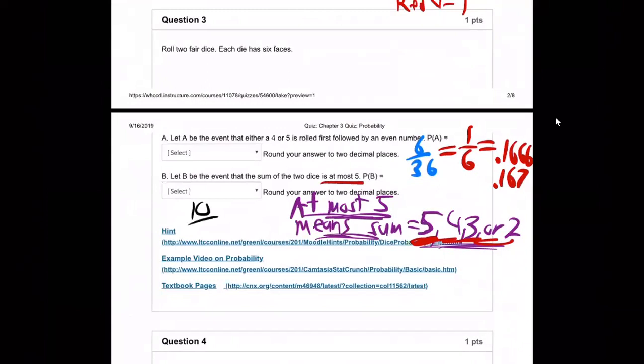If they want to reduce the fraction, that reduces to 5/18. You can divide it on your calculator. I don't know what kind of options they have there. 0.278. Anyway, either one of those, there's the decimal, there's the fraction, whatever. It's all good. Questions I can answer on number 3?